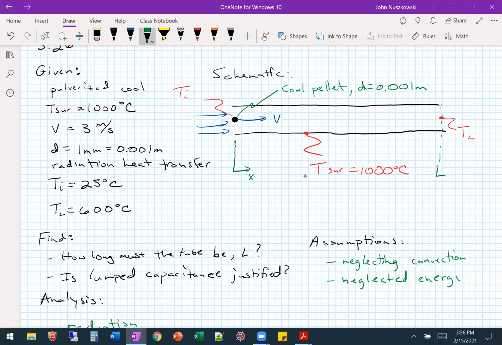Because this is coal and it's going up to 600 degrees Celsius, there could have been some chemical reactions going on if this is air that's surrounding it. So we're neglecting anything dealing with that. I wanted to make sure we call it out.